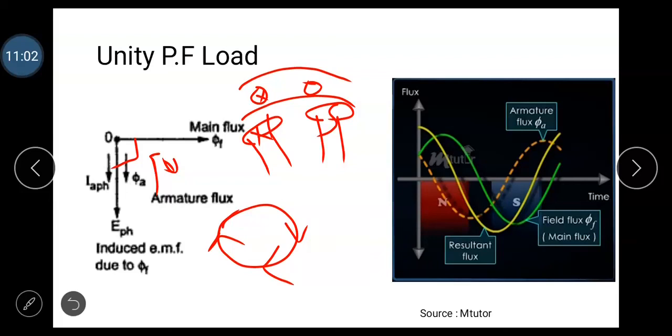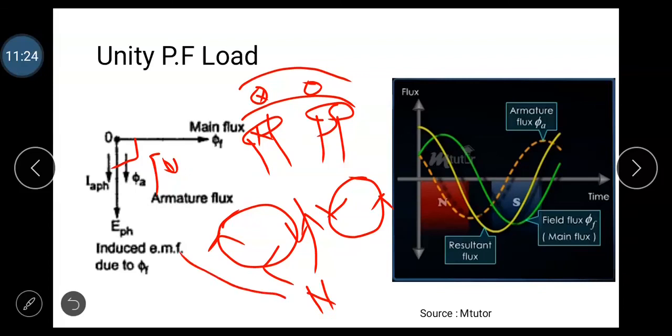The direction of flux around the dot will be anti-clockwise. We know the flux flows from north pole to south pole, so the direction will be in this way for the north pole, and similarly here for the south pole.